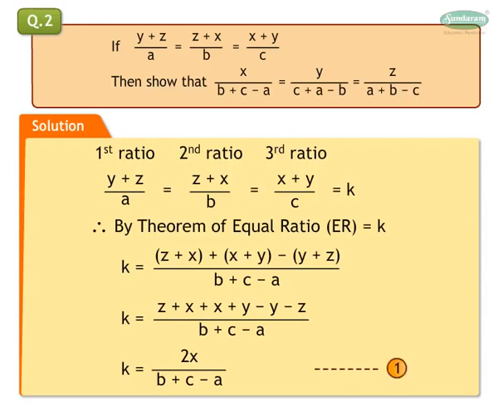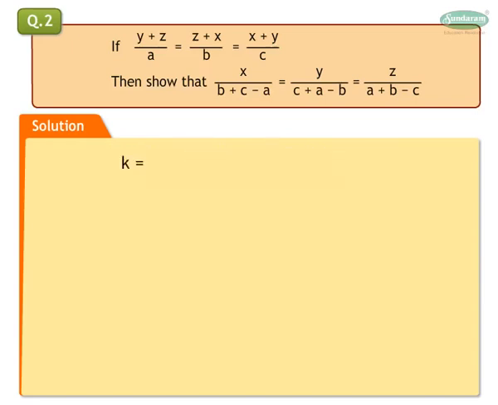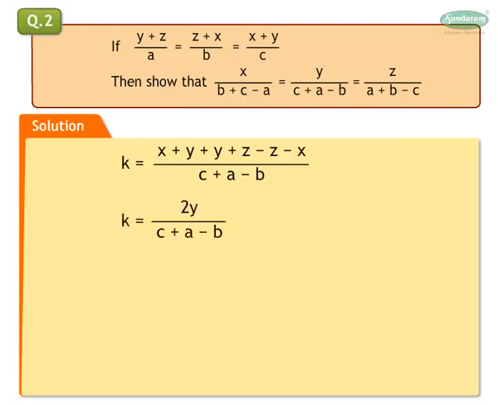Third ratio plus first ratio minus second ratio. k is equal to ((x + y) + (y + z) − (z + x))/(c + a − b). We now simplify to get k equal to 2y/(c + a − b). Let us mark it as statement 2.